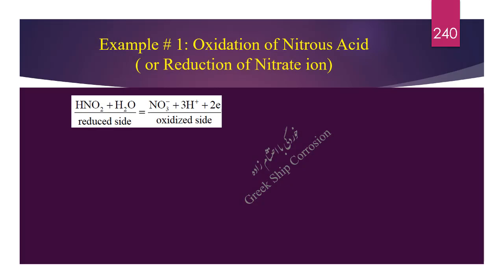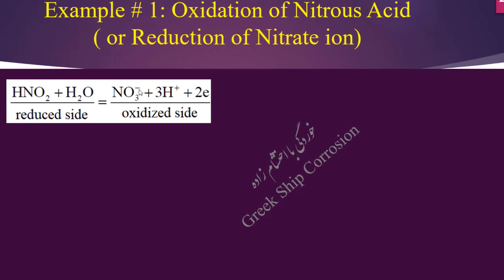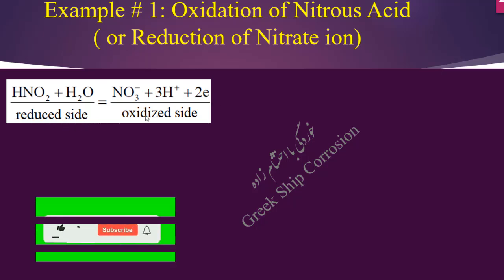Example number 1, oxidation of nitrous acid or reduction of nitrate ion. HNO2 plus H2O equals NO3 minus plus 3H plus plus 2 electrons. The left side is the reduced side.